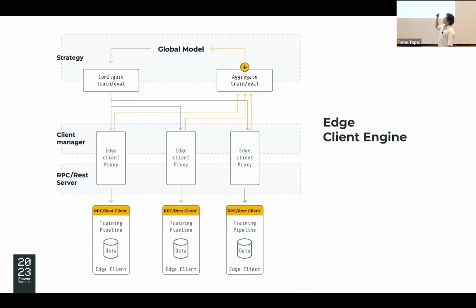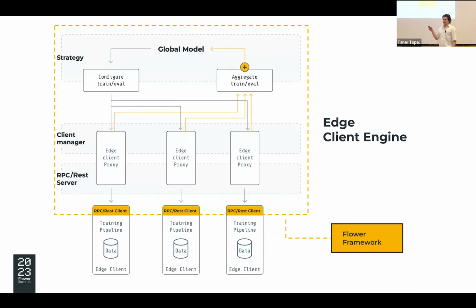And so this is the structure of Flower, how it works behind the scenes, I guess. Here, the training pipeline represents an existing ML project. As we saw earlier, it was the few lines of code. Then this is the whole Flower framework, what it does. Each arrow is the communication in between the different elements.